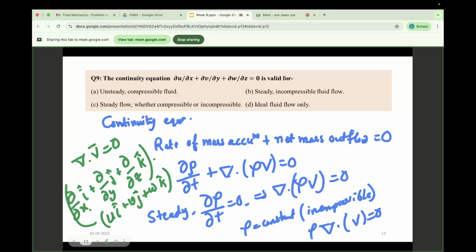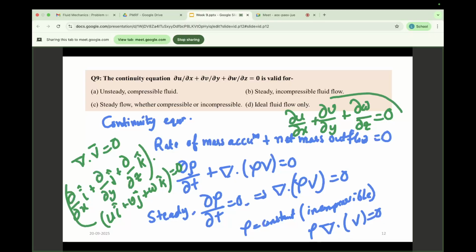The dot product should be equal to 0. Accordingly, I will get dou u dou x plus dou v dou y plus dou w dou z equals 0. So this is the final equation. That is option B, so option B is the correct option.